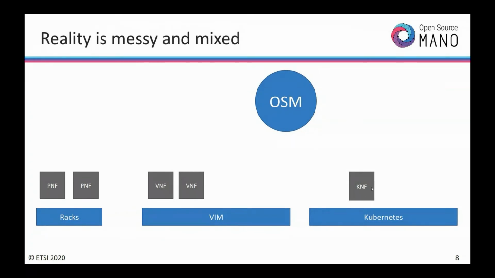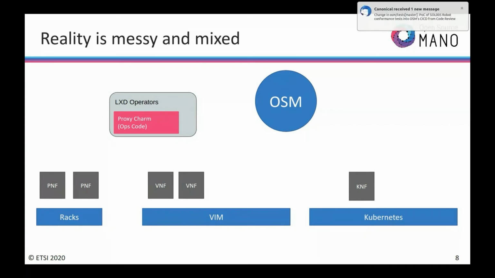There's going to be different things going on all over the place. And we need to be able to work with each of these environments. So what we have is, with OSM, we're carving out a space for code to live that is going to bridge the gap between the virtual network descriptor and the actual function that's running out in the data center.